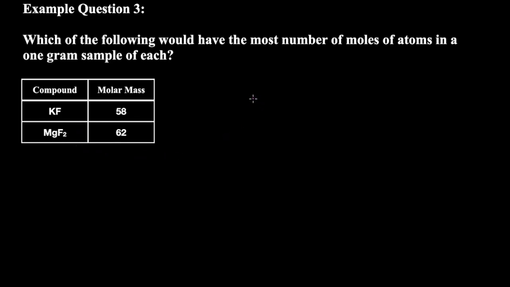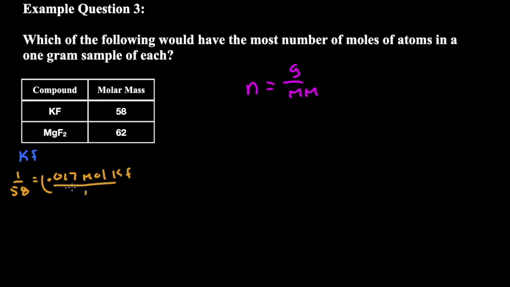To answer this question, you have to know that a mole is going to be equal to the amount in grams divided by the molar mass. And so let's start off with KF. KF says that we have 1 gram, and we'll divide that by 58 because that's the molar mass, and that's going to be equal to 0.017 moles of KF. And so what we'll do now is convert this from moles of this molecule to moles of atoms.